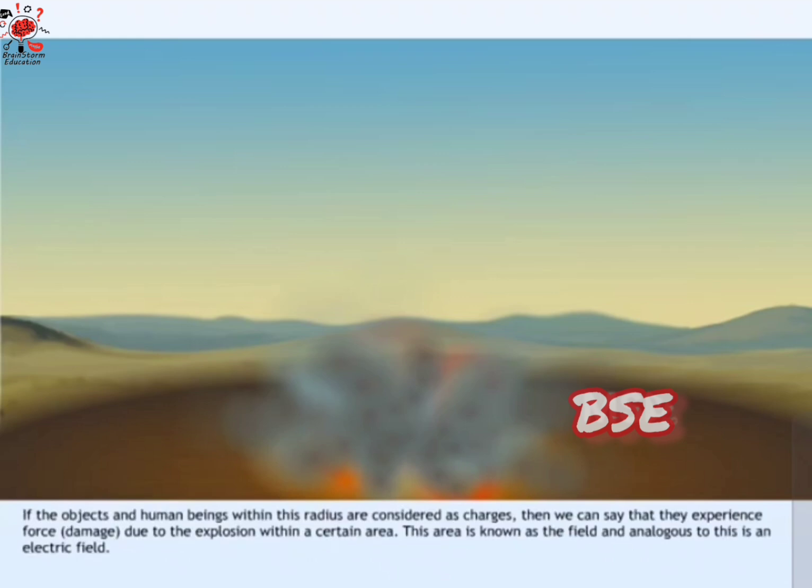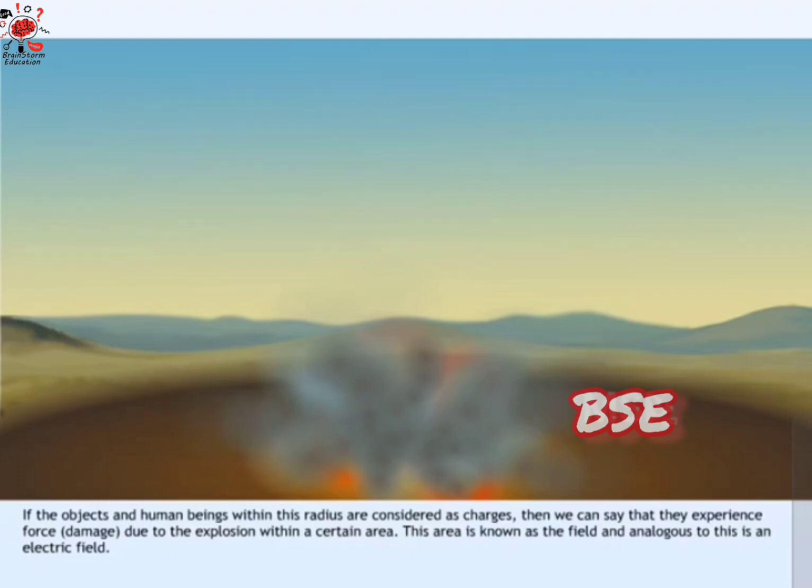If the objects within this radius are considered as charges, then we can say that they are affected due to the explosion. This area is known as the field, and analogous to this is an electric field where the affected objects are electric charges and the explosion, or the source, is a source of charge.